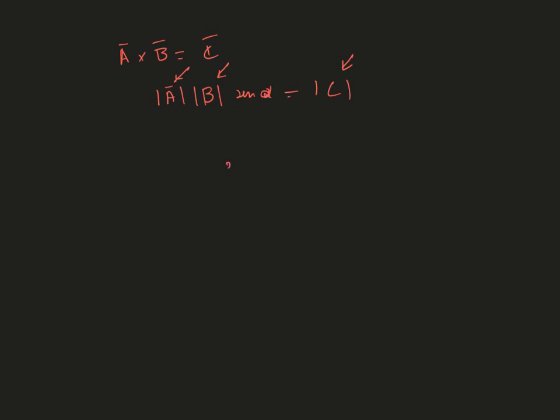Well, it's done. Sine of alpha is the magnitude of C divided by the magnitude of A by the magnitude of B. I think it's correct. Yes, I think it's correct.